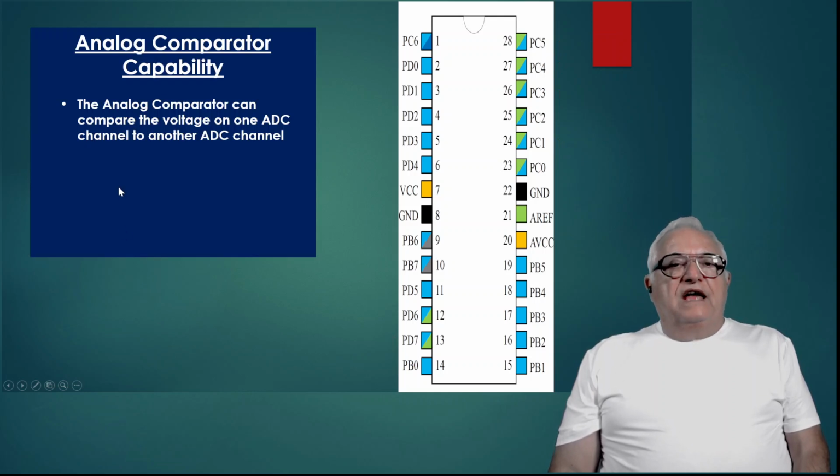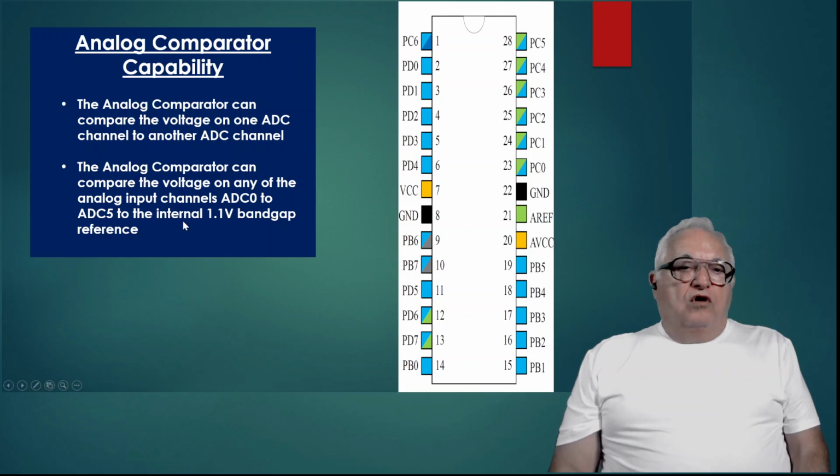Next, the analog comparator can compare the voltage in any of the ADC channels to another ADC channel. Also, the analog comparator can compare the voltage of any of the analog input channels, and that would be ADC0 through ADC5, to the internal 1.1 band gap reference.